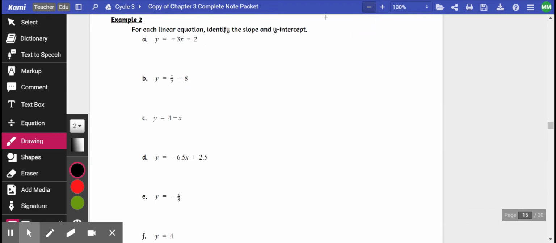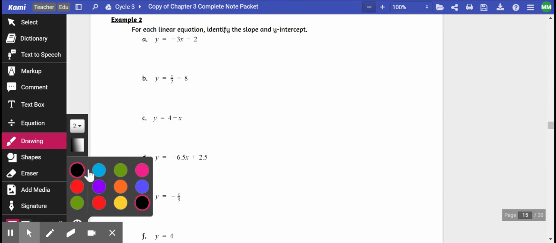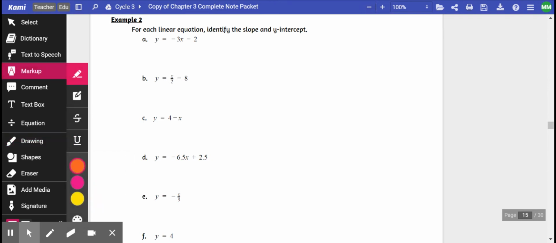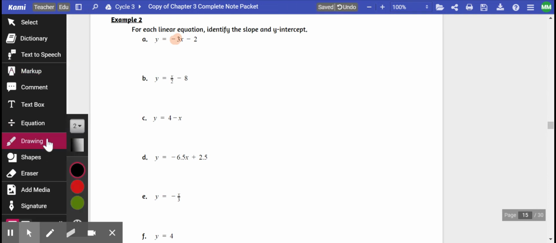So looking at A, in front of our variable, we have -3. So that -3 is going to be our slope. So we can say m equals -3. We can also think of it as -3 over 1 because we usually think of slope as the rise over the run.